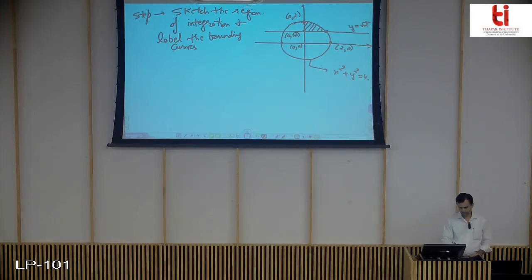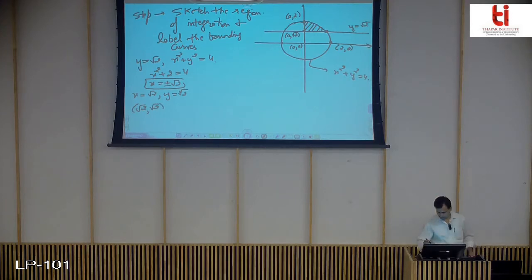and since we have y equals under root 2 and also x square plus y square equals 4, so x square plus 2 equals 4, so x equals plus or minus under root 2. Since x is on the right hand side of the y axis, we get the point x equals under root 2, y equals under root 2. So this point is under root 2, under root 2.